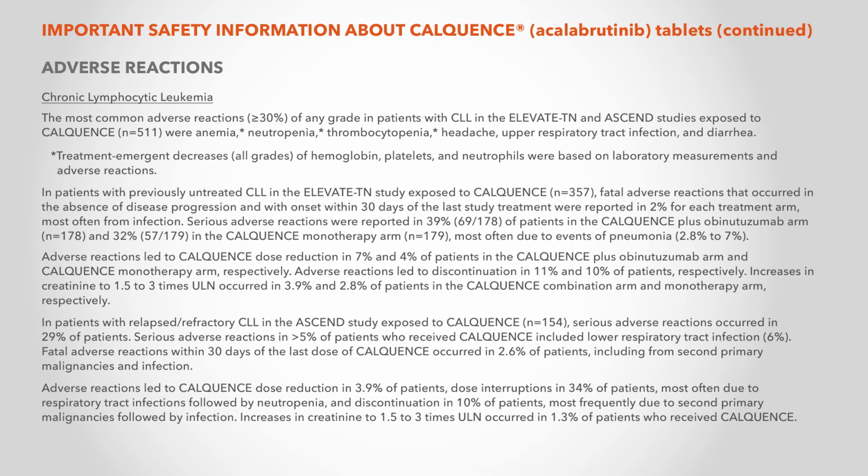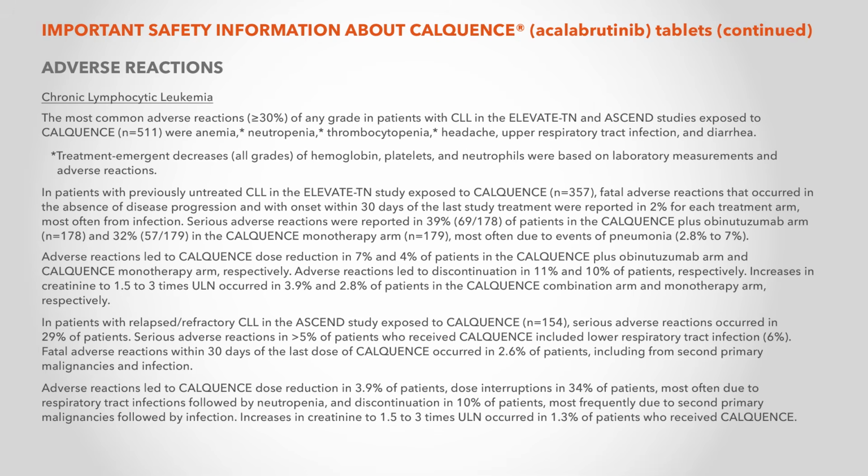Serious adverse reactions were reported in 39%, 69 of 178, of patients in the CALQUENCE plus obinutuzumab arm, N equals 178, and 32%, 57 of 179, in the CALQUENCE monotherapy arm, N equals 179, most often due to events of pneumonia, 2.8% to 7%.